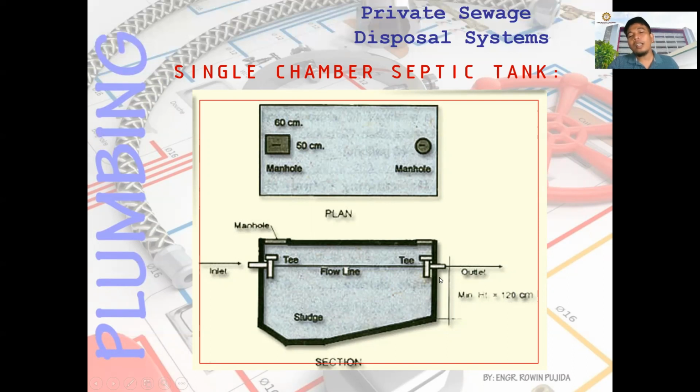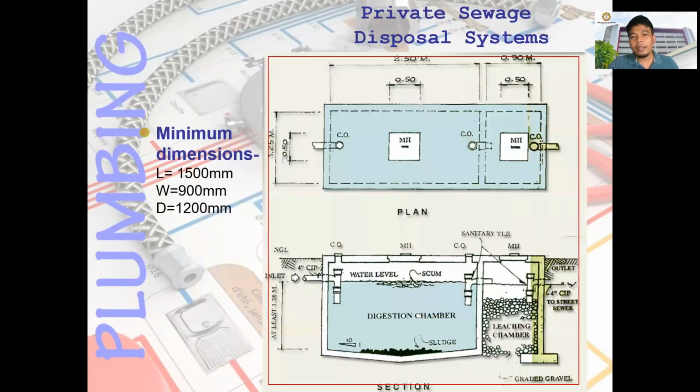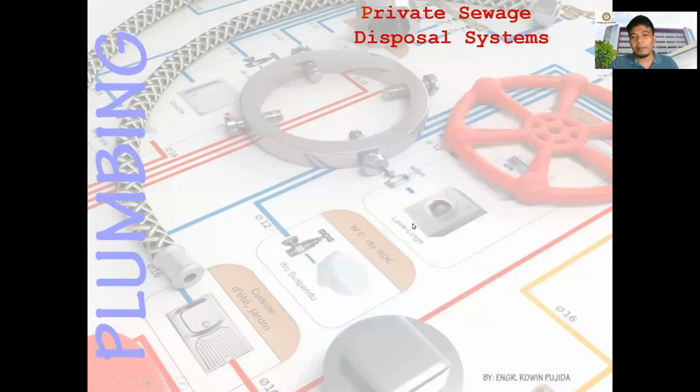All septic tanks should have an outlet, so that wastewater coming from your toilet, bathroom, lavatory, floor drain, and shower compartment or shower receptor can pass through the septic tank and go out to the public street sewer or public drainage.